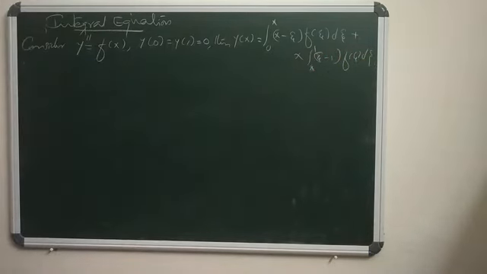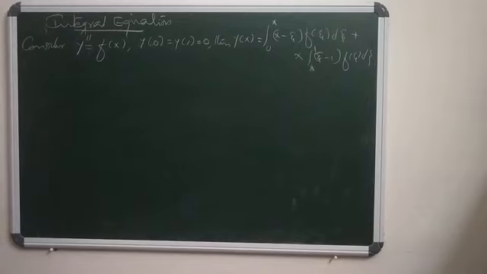How to prove this one? By using the above two results. That is, consider y2 dash is f of x with the boundary conditions y0 equals y1 equals 0. Then we have to show that y of x equals integral 0 to x of x minus theta f of theta d theta minus x into integral 0 to 1 of theta minus 1 f of theta d theta.